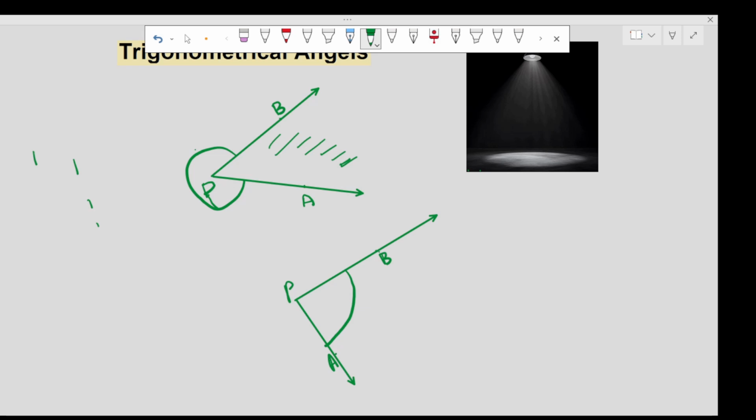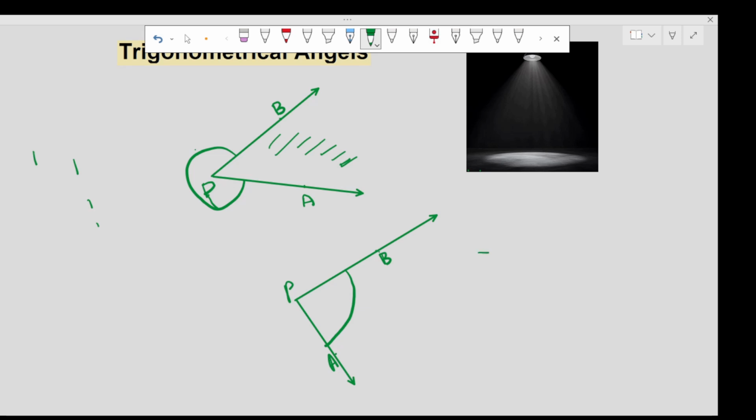Suppose these two lines coincide, then the angle measure will be 0 or 360 degrees, depending on whether we are counting the letters counterclockwise or clockwise. The minimum value of these angles is 0 degrees and the maximum value is 360 degrees.